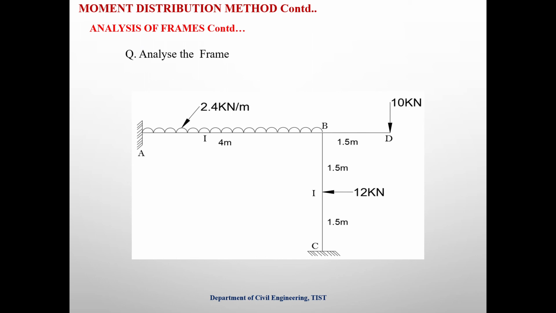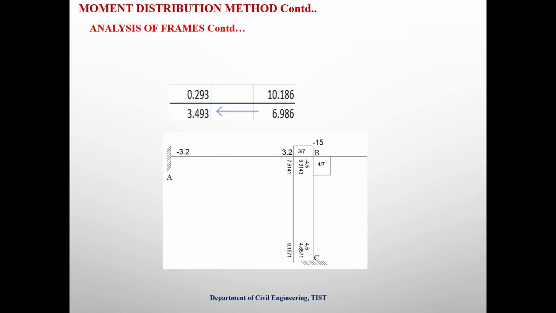In this case, the overhanging moment is 10 into 1.5, that means 15 kilonewton meter. That means we have to add minus 15 here in order to make that particular joint equal to 0.